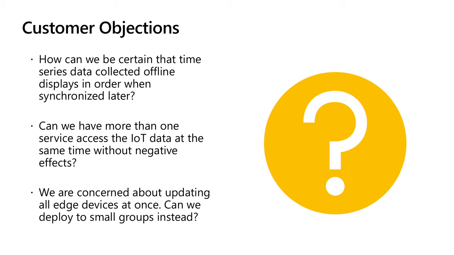Let's take a look at some of the customer objections. Like I mentioned, this is the time series data that we are collecting, and how do we make sure the data is synchronized in the order it was received, even if devices are offline, right?